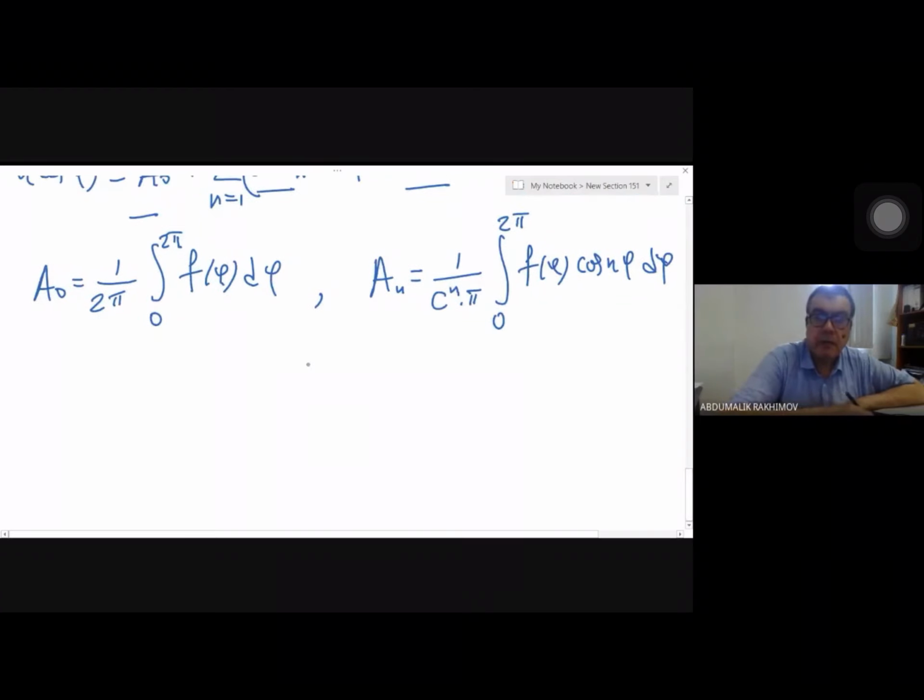And similarly, we can write the Bn coefficient. Bn is equal to 1 over Cn pi, integral from 0 to 2 pi, F phi sine n phi d phi.